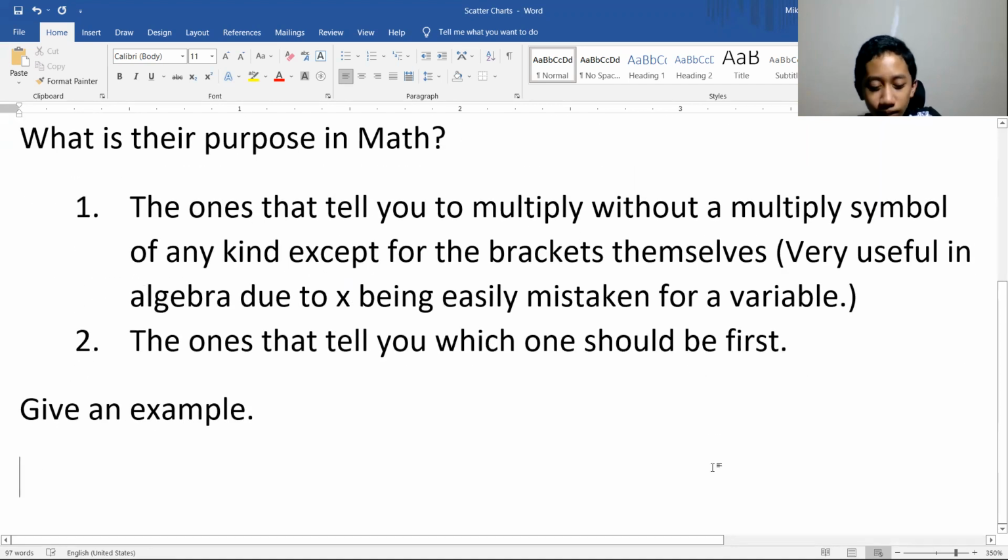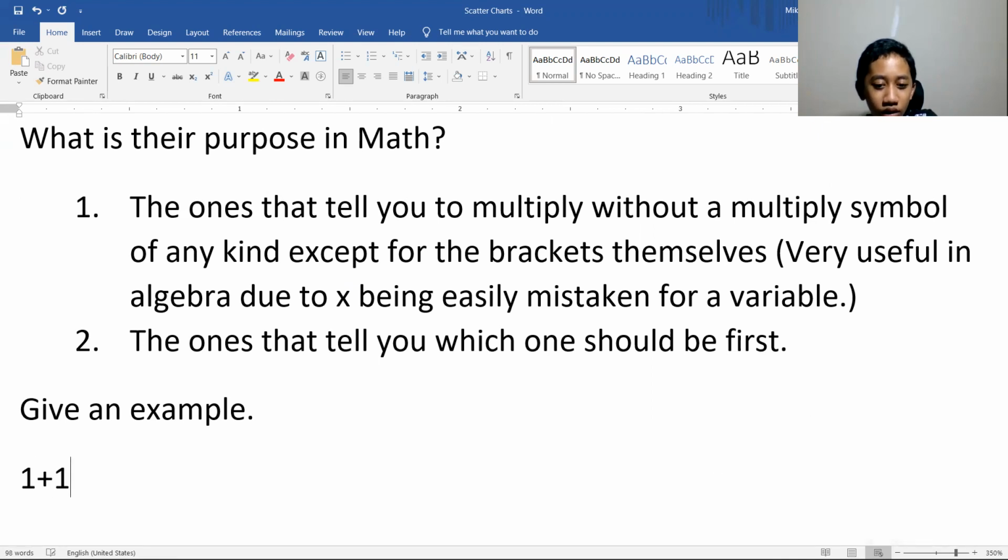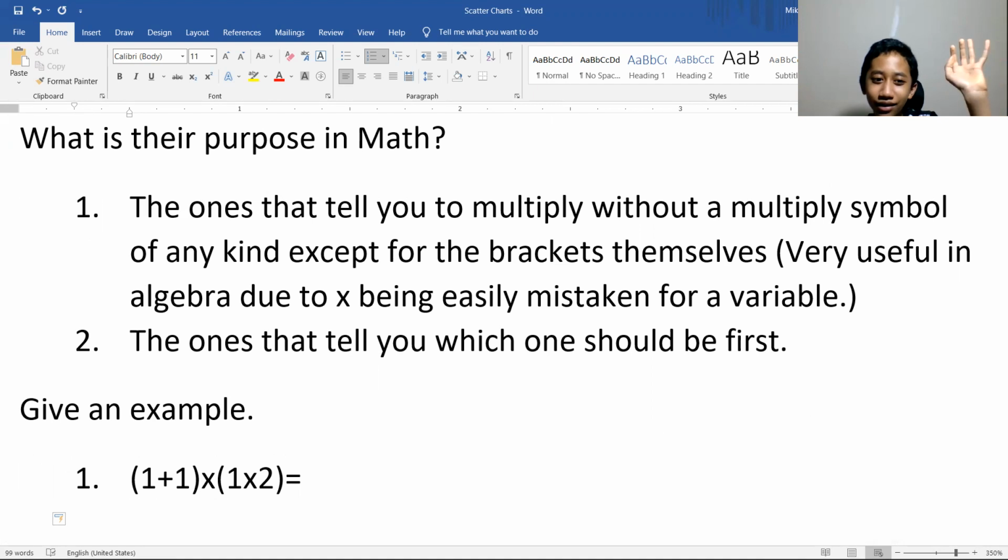Let me give an example. Let's say here, 1 plus 1 in brackets, this is for the first kind, times 1 times 2. Since there is no symbol here, you just imagine an x. Don't let your teacher think, why is this variable in the middle here?